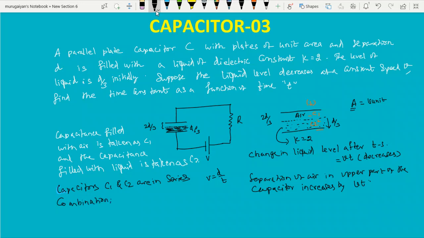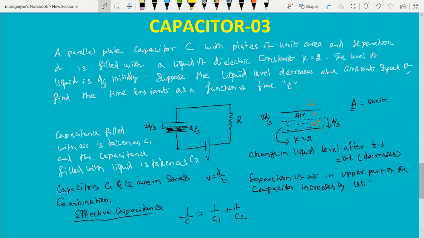Now we can find the effective capacitance from the formula 1 by C equal to 1 by C1 plus 1 by C2. Clear? Here the C1 and C2 values should be taken separately.